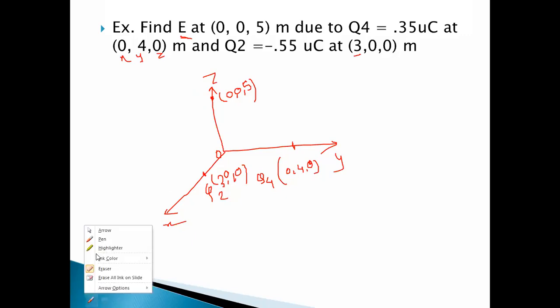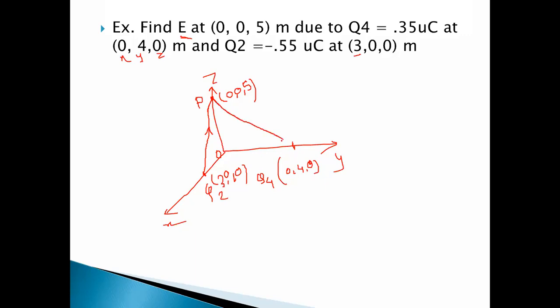Now we have to find the electric field intensity at point P due to this charge Q2, and also at point P due to this charge Q4.